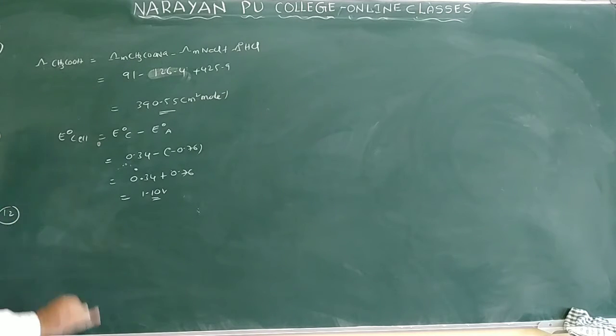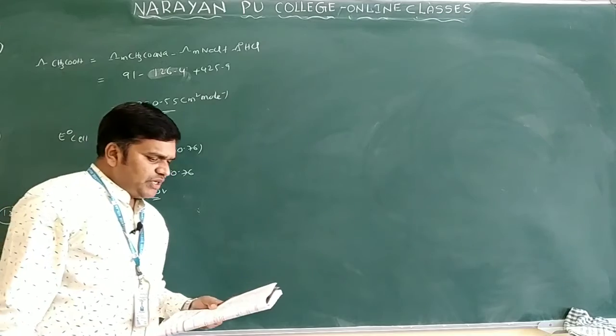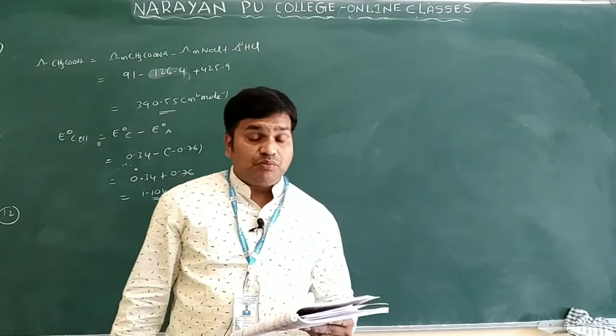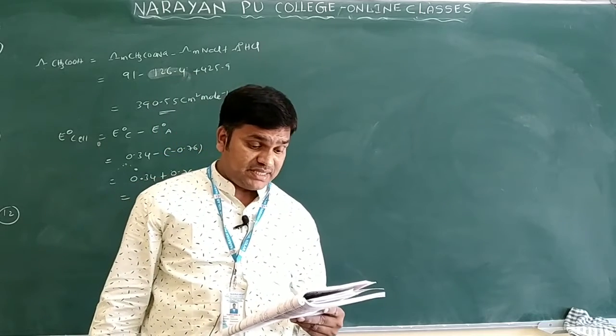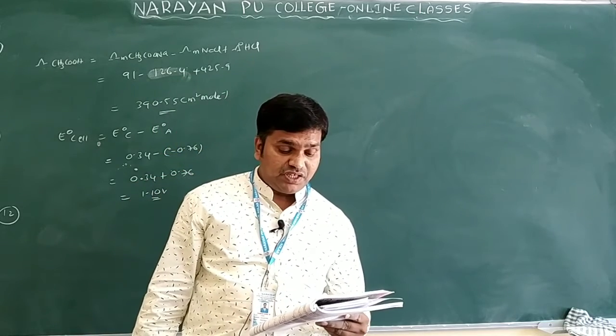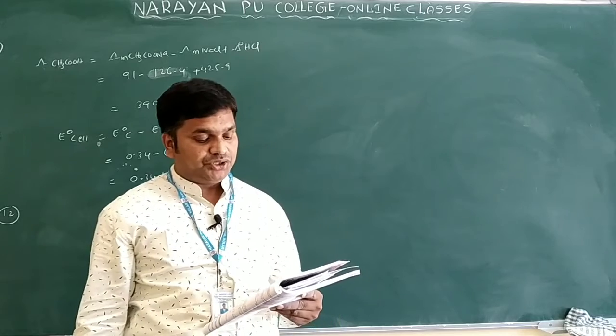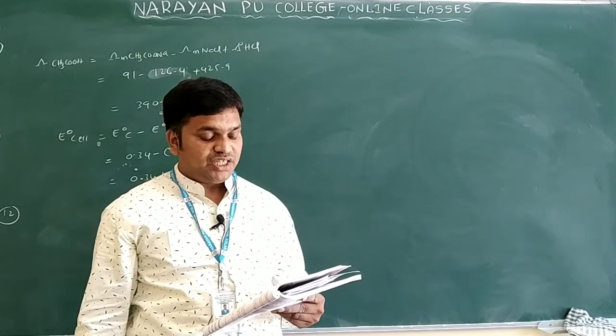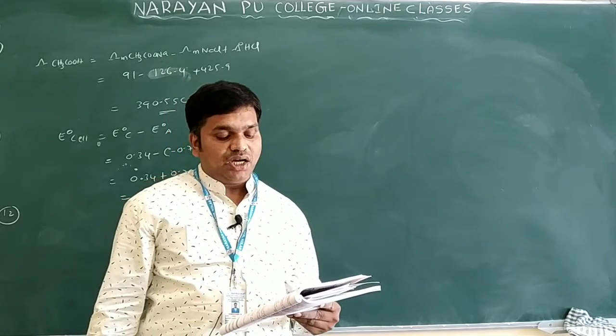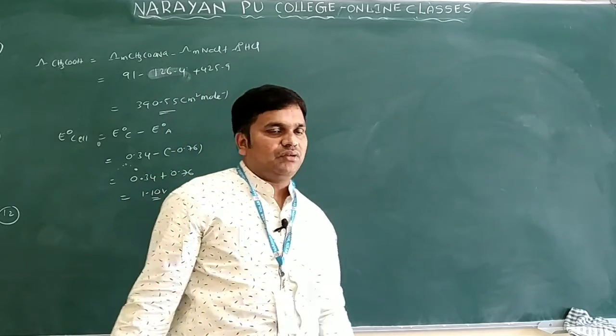Next, question number 12. At 25 degrees Celsius, the molar conductance of 0.1 molar aqueous solution of ammonium hydroxide is 9.54 ohm inverse centimeter square mole inverse. At infinite dilution, its molar conductance is 238 ohm inverse centimeter square mole inverse. The degree of ionization at this temperature, they are asking alpha.